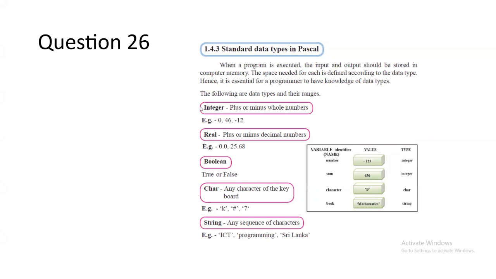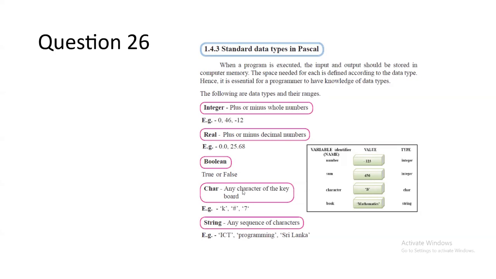In Pascal, the integer data type is used to represent plus or minus whole numbers. Real is used to represent decimal numbers. Boolean is used to represent true or false scenarios.